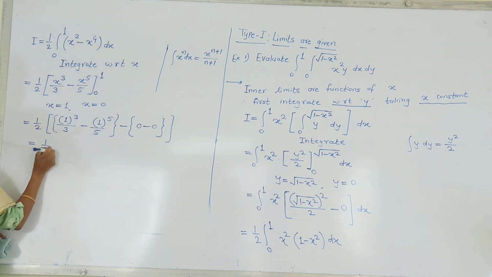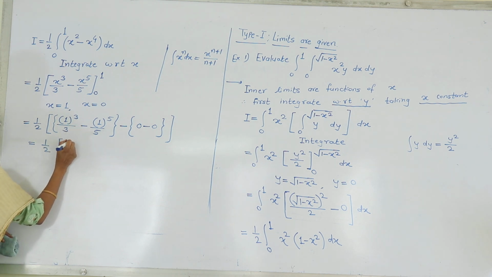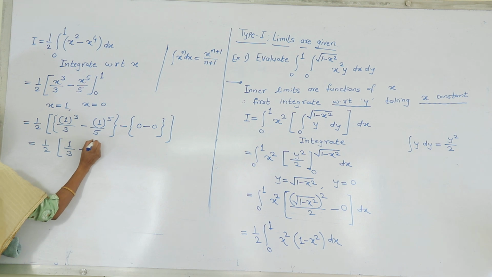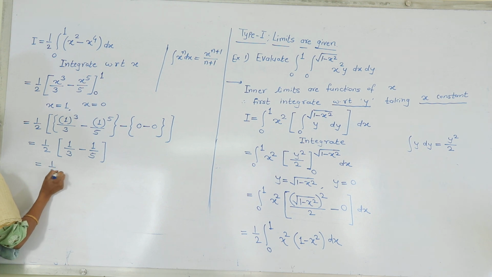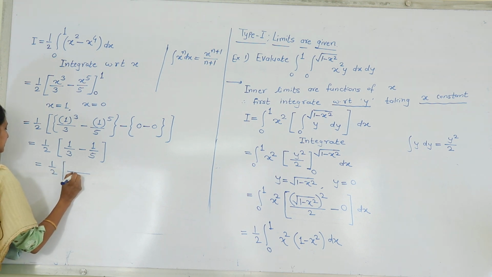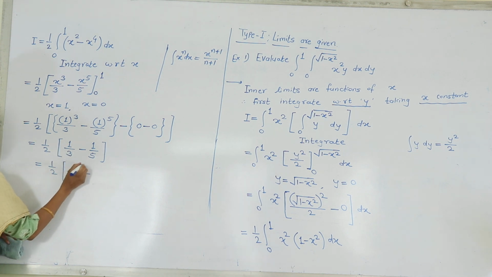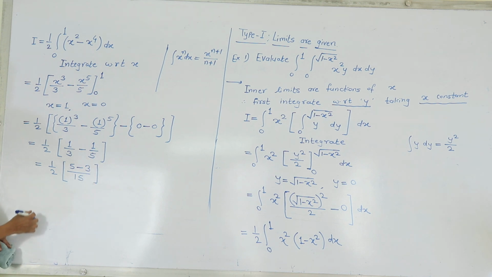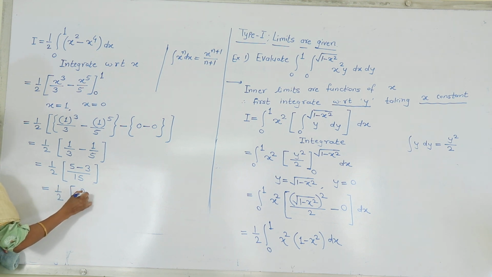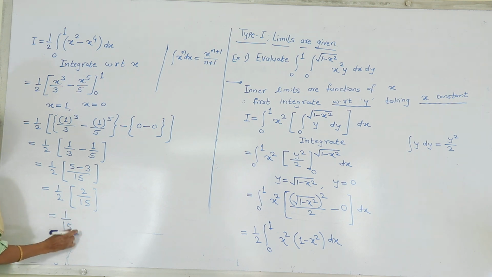That is 1/2 in bracket, 1 by 3 minus 1 by 5, equal to 1/2. LCM is 15. Then cross multiply, 5 into 1 is 5 minus 3 into 1 is 3. 5 minus 3 is 2 upon 15, and 2 cancels, that is 1 by 15. Answer is 1 by 15.